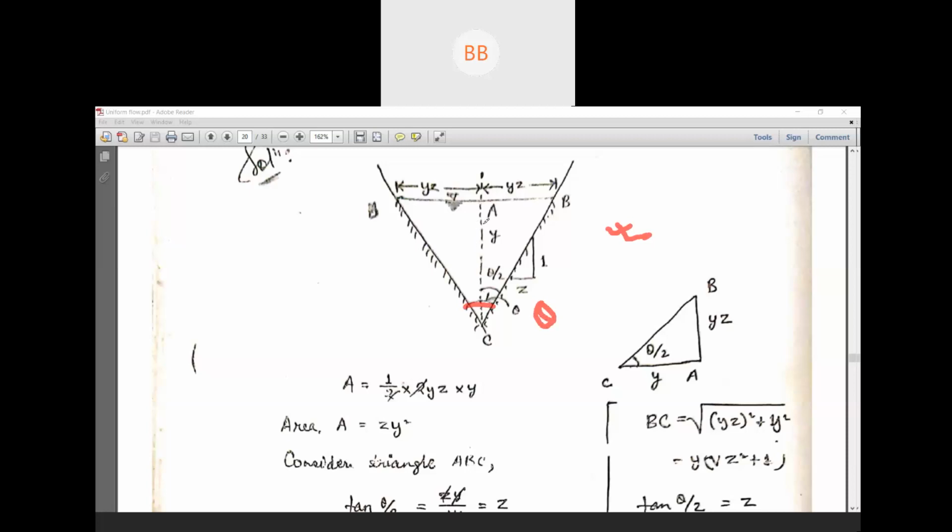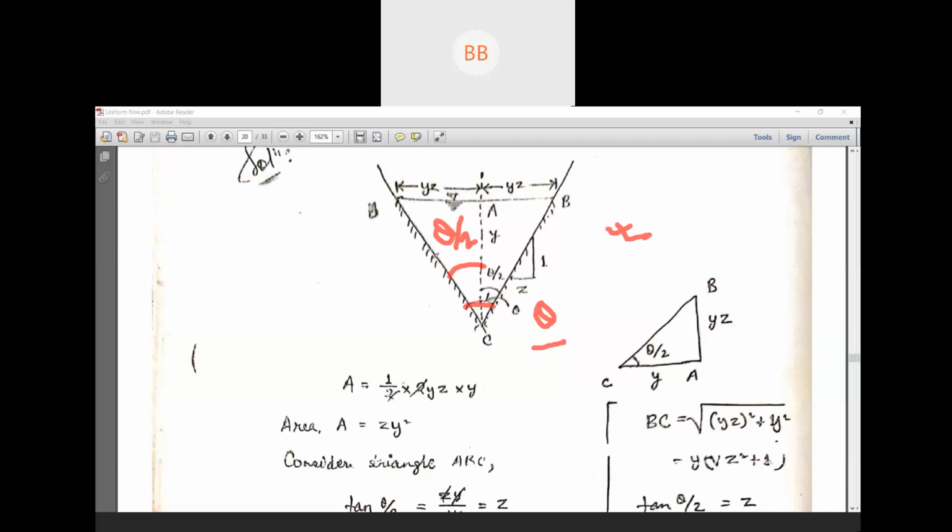So definitely this line will divide the angle into two equal parts. One part will be theta by 2, and another part will be theta by 2. So whole angle we have taken theta, and this vertical axis will divide the whole angle into two equal parts.